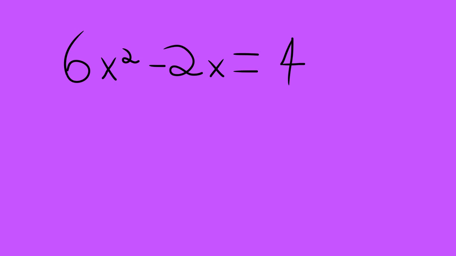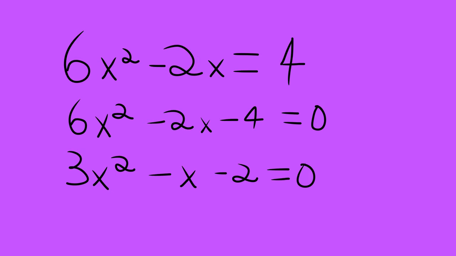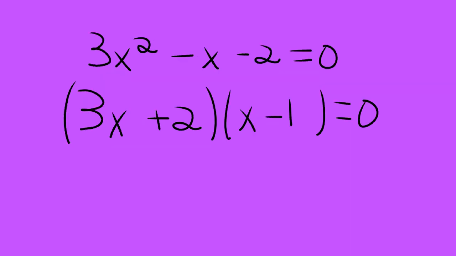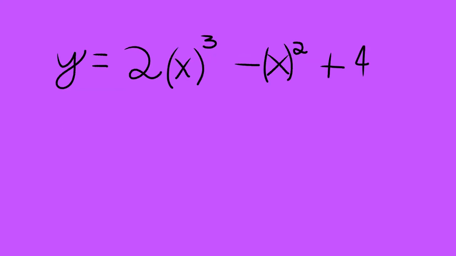So you just set that derivative equal to your slope, then you bring it across and divide by 2 because we can, and we're left with some quite nice numbers. So we've got 3x plus 2 times x minus 1 once you factor it, and then because of the rule of multiplication, if you've got two numbers that multiply to equal 0, one of them has to equal 0. So then you can say that 3x plus 2 equals 0, so 3x is equal to minus 2, x equal to minus 2 over 3, or that x is equal to 1.